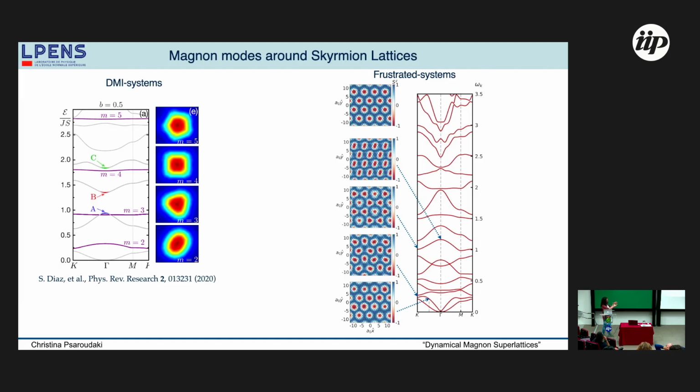So for the breathing mode, at the gamma point, all of them move together. Away from the gamma point, some are here, but some are at a different phase of this breathing.